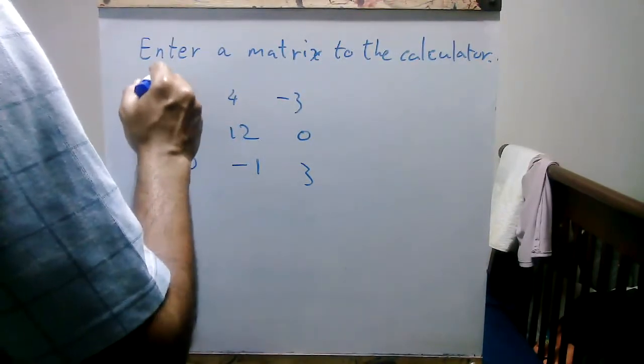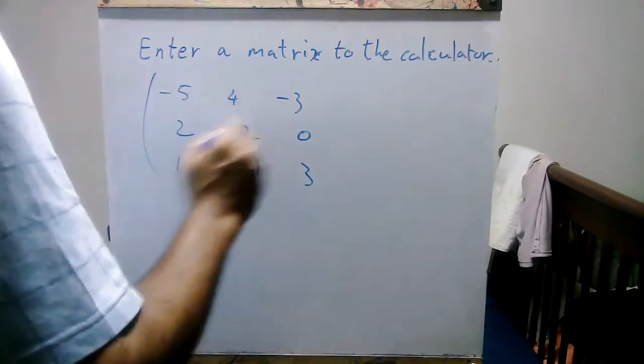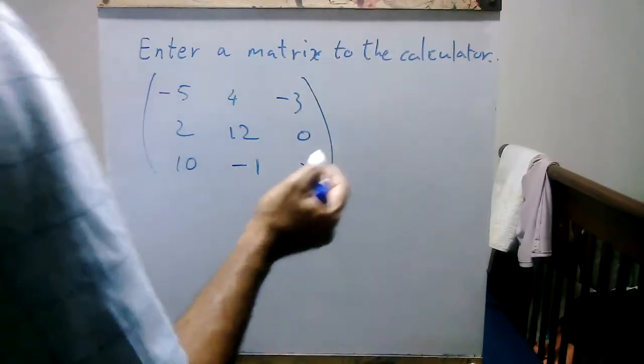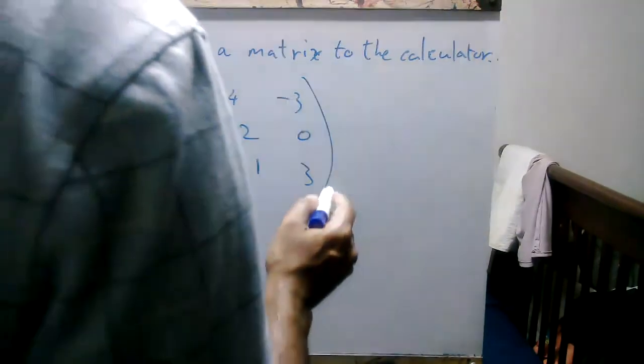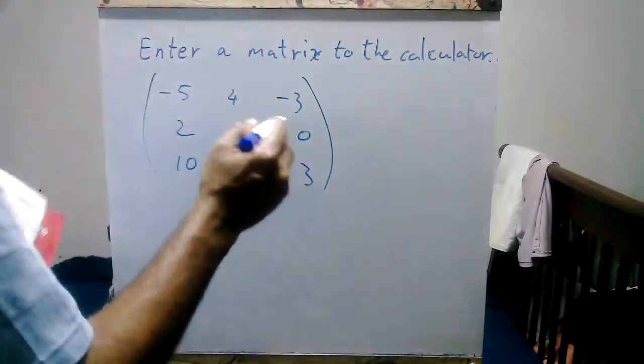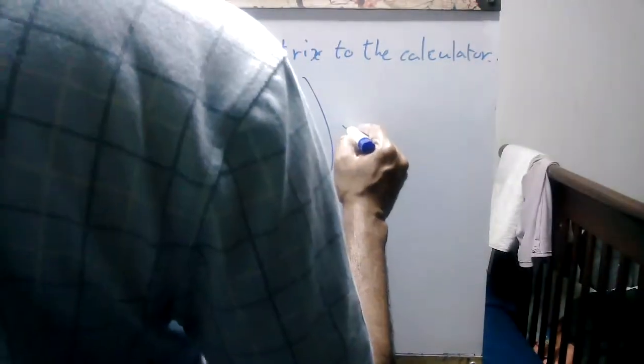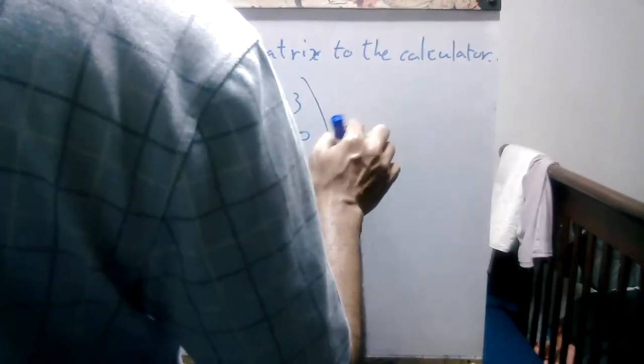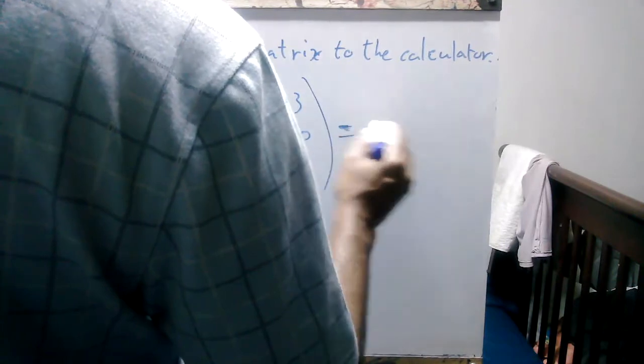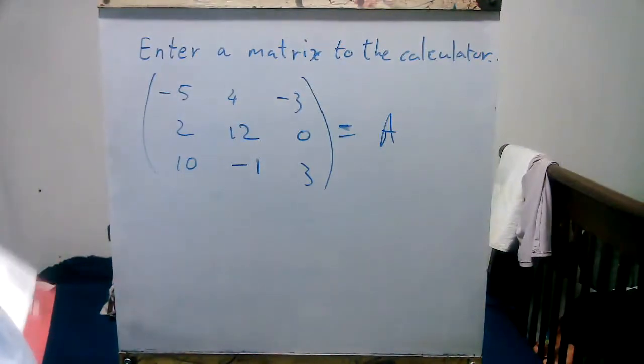Say we want to enter this matrix into the calculator, right? And name this, let's give it a name, say capital A, right?